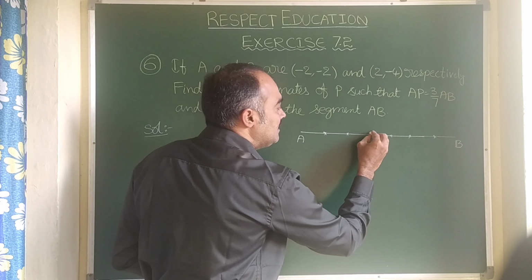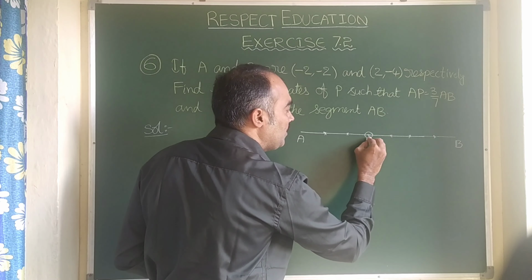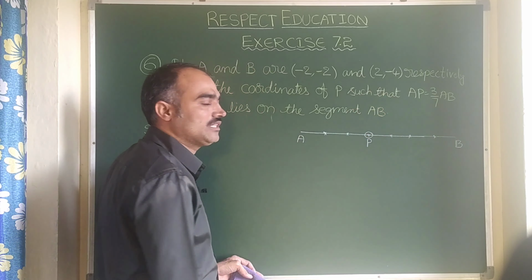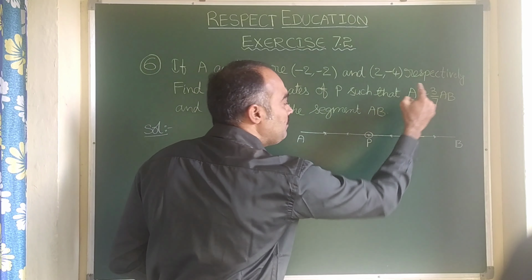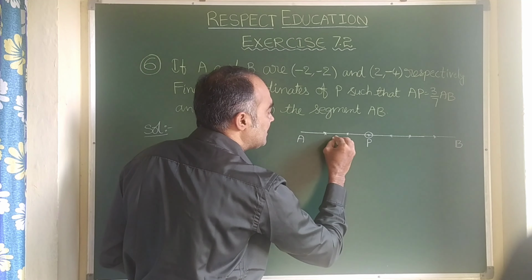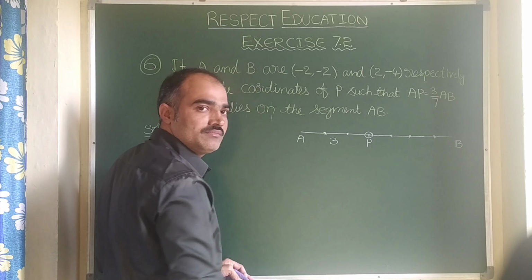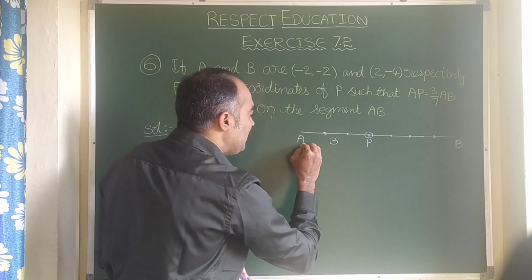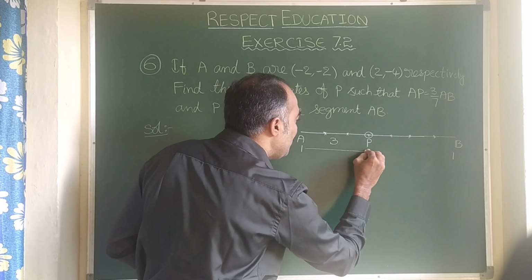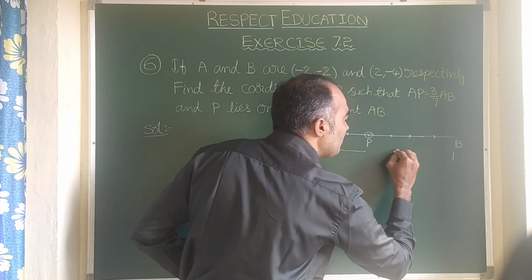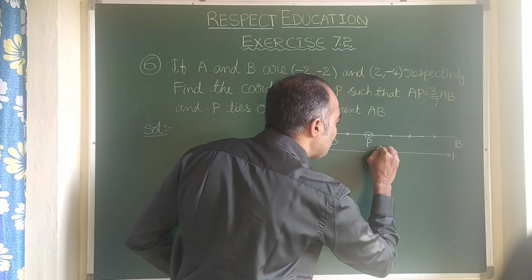1, 2, 3. See, this is the position of P. Here you understand, A to P is given 3 parts. So here you can write this as 3 parts. And A to B, from here to here, these are all 7 parts.